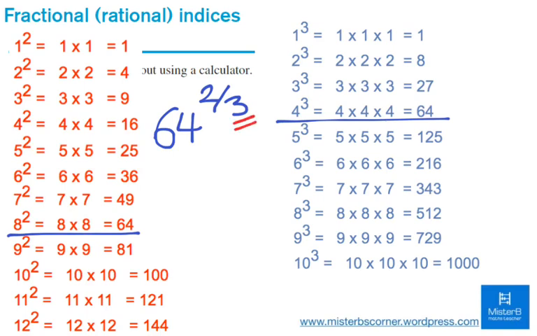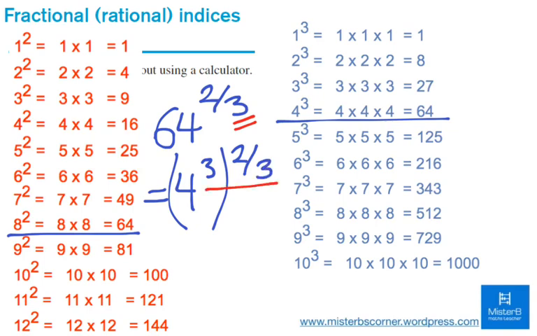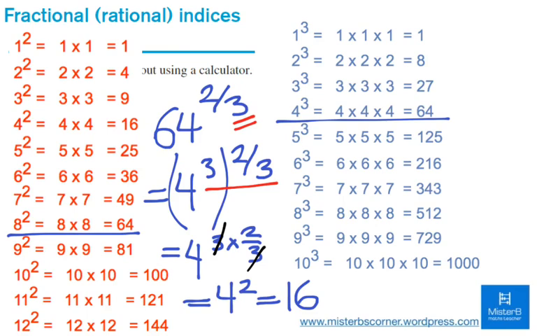So you're going to write down 4 cubed to the power of 2/3, and power of power means multiplication here, so we will rewrite this expression as 4 to the power of 3 times 2/3, and then you would be able to simplify 3 and 3 here, ending up with 4 squared, which would be 16.